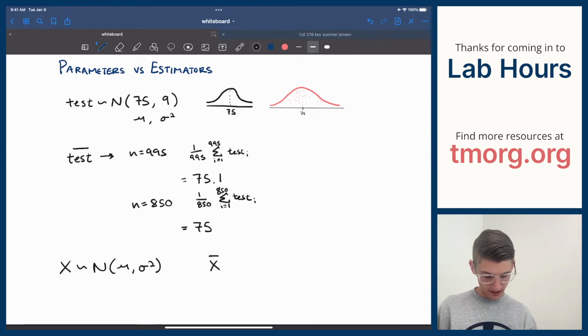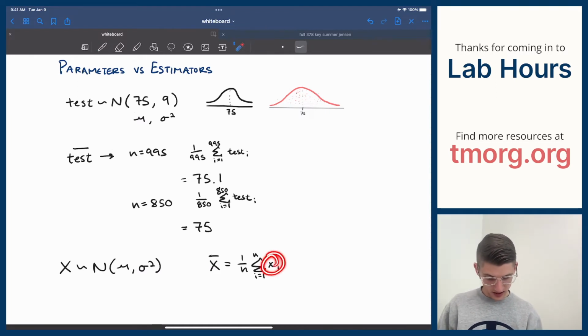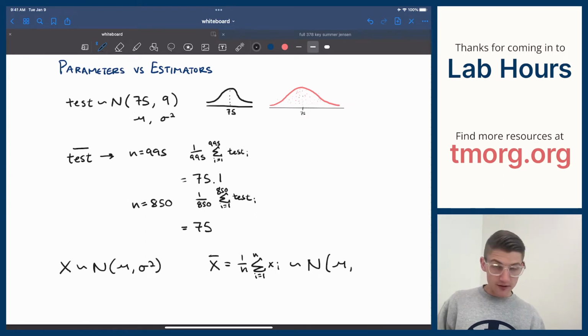X bar, which is equal to 1 over n, the sum of i equals 1 to n of xi. And remember, these xi's are all individual x's being pulled from there, right? That x bar would be distributed as a normal random variable with a mean of mu, but a variance of sigma squared over n. That's really cool, right?